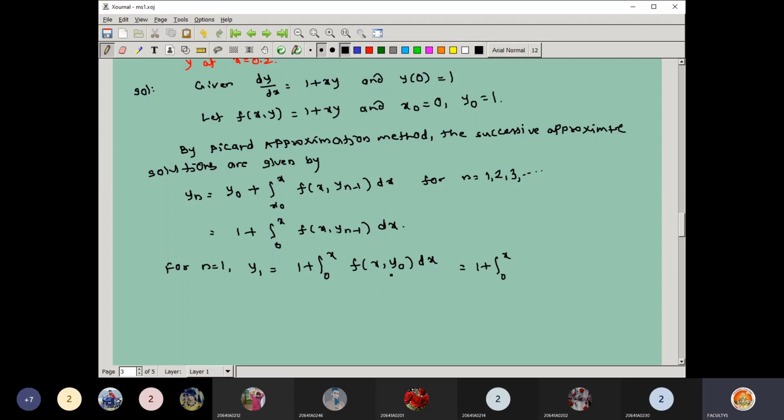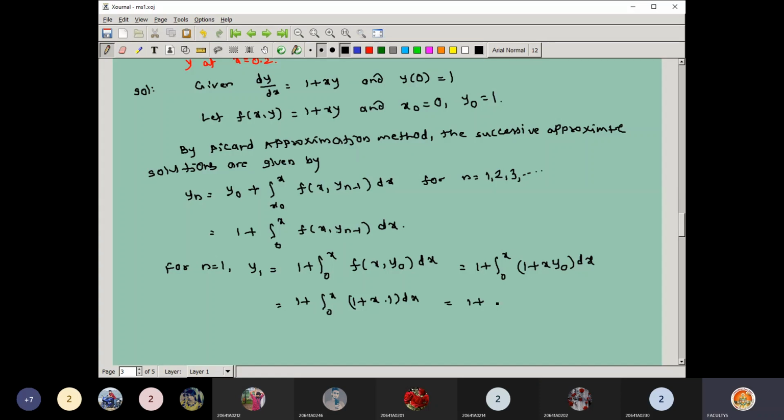So it is equal to 1 plus integral 0 to x of f of x comma y. What is your f of x comma y? 1 plus x you keep as it is, y is nothing but y naught, dx. So 1 plus integral 0 to x of 1 plus x into your y naught value 1, dx.